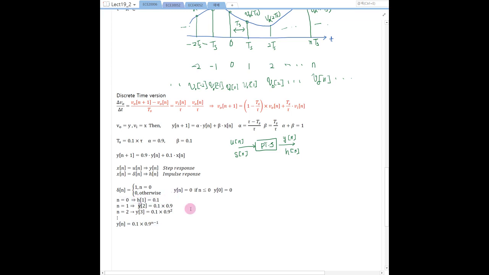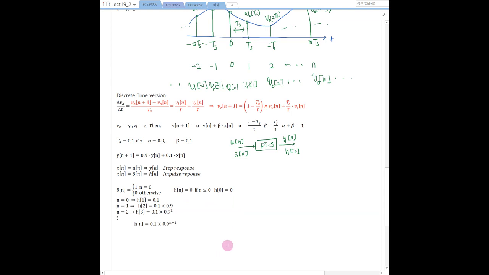In case an impulse is applied, the output sequence is usually expressed by the h sequence. So this is the impulse response: h(n) is 0.1 times 0.9 to the n minus 1. Input is the applied unit impulse, so we calculated the impulse response of this discrete time version of the system.